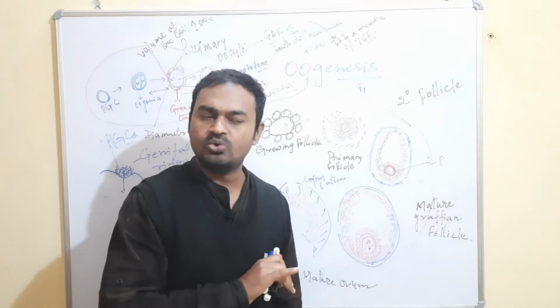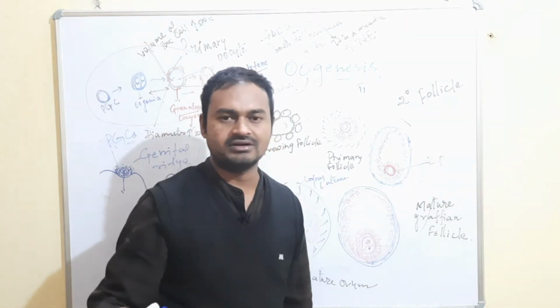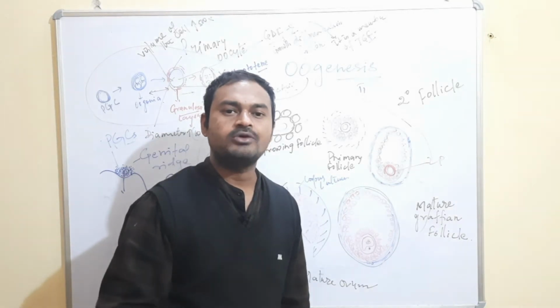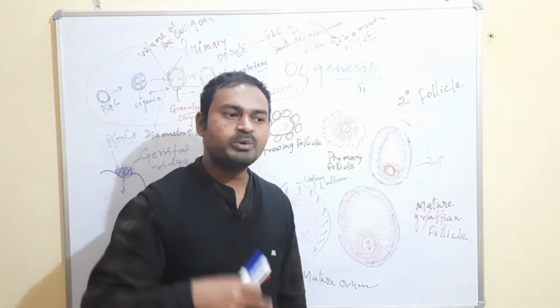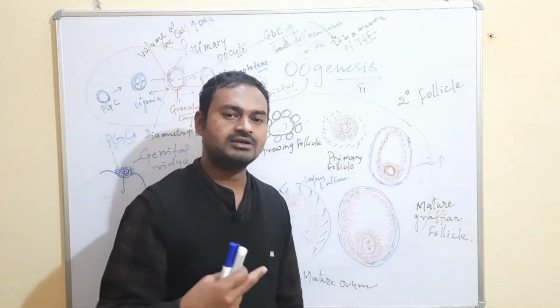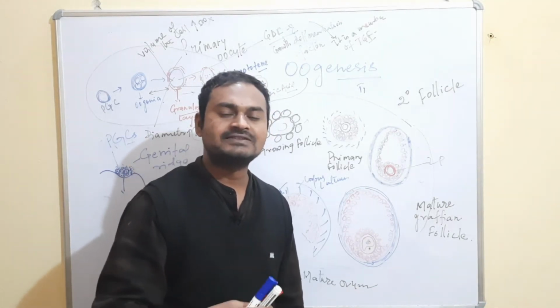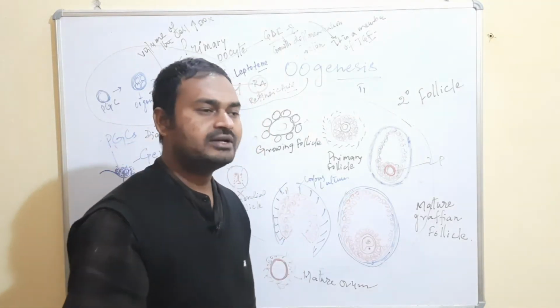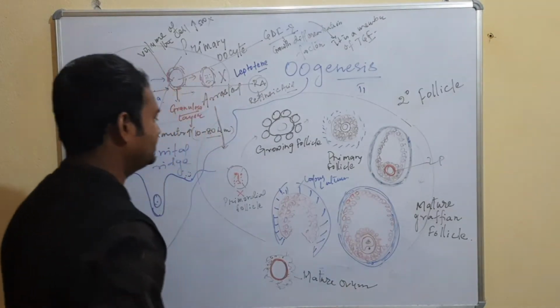It will not divide further till a signal is obtained. What is that signal? What could be the different enzymes or factors which could initiate the primary oocyte to develop? Okay, we will discuss it in the next stage.